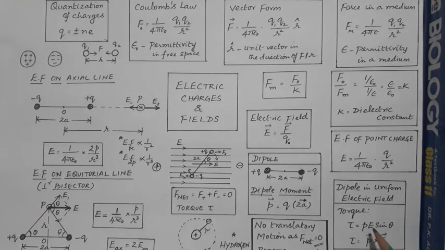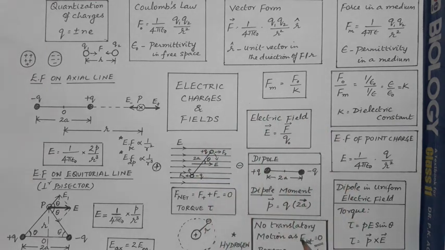Force multiplied by the perpendicular distance, and you do the calculation: tau is equal to PE sin theta, where theta is the angle between the electric field and the dipole axis. This is a vector product, so tau is equal to P vector cross E, where P is equal to Q into 2a. I hope you understand these points.